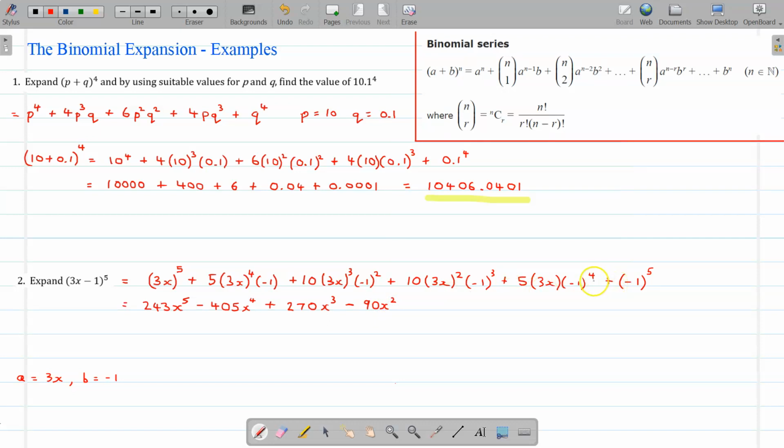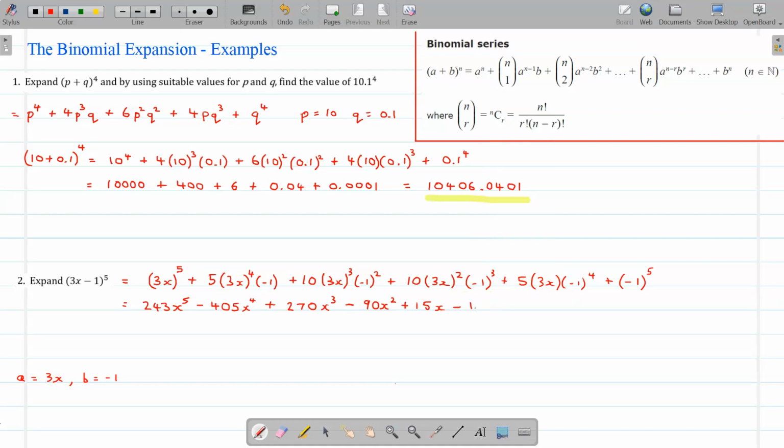Now I've got the minus 1 to the 4, which is positive 1, and I've got 3x times 5, which is 15x. And last of all, I've got minus 1 to the power of 5, which is minus 1.